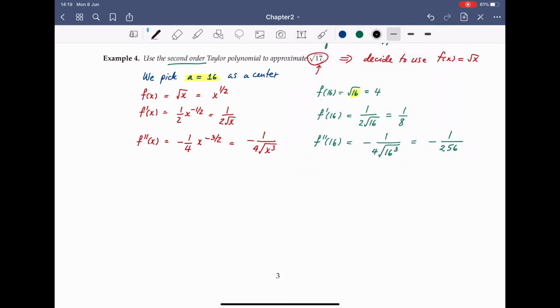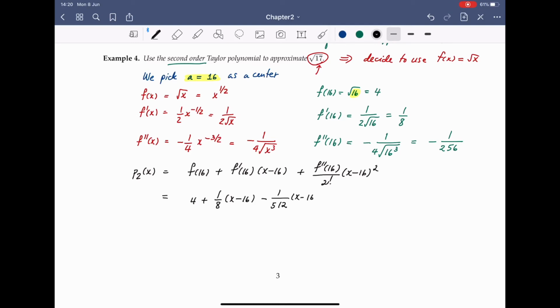So next step, I need the Taylor polynomial of degree 2, which is f(16) plus f'(16) times (x minus 16) plus f''(16) over 2 factorial times (x minus 16) squared. And then once you plug in everything, you're gonna get 4 plus 1/8 times (x minus 16) minus 1/512 times (x minus 16) squared.